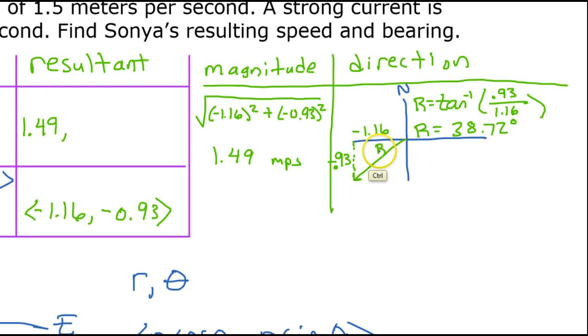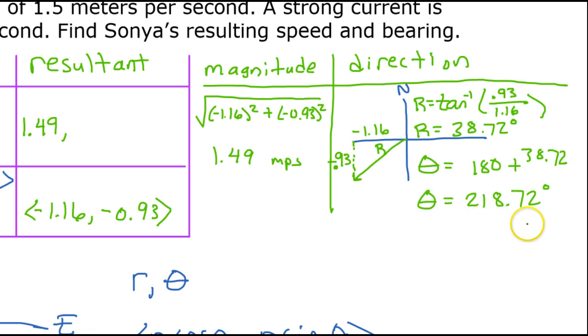Now that's just the reference angle. When we talk about r and theta, and we're doing this chart, magnitude and direction, we are measuring from due east. So the actual direction theta should be 180 degrees plus the r, plus 38.72. And that's 218.72 degrees.